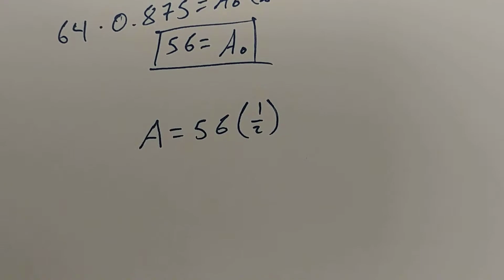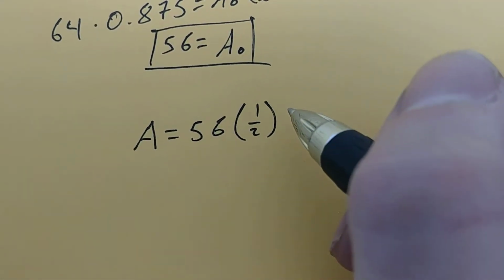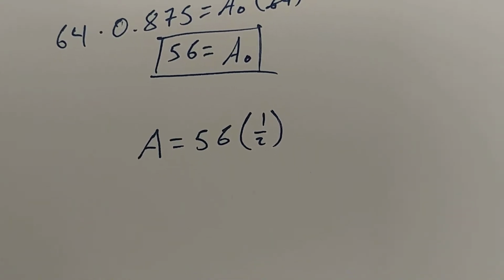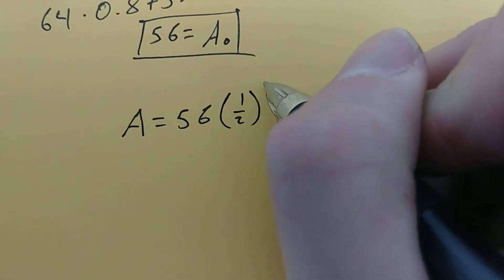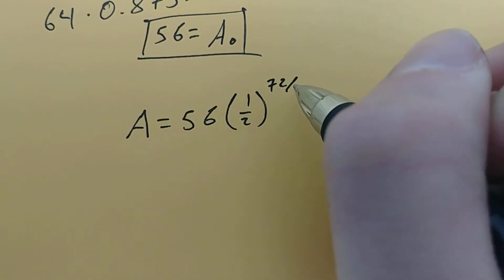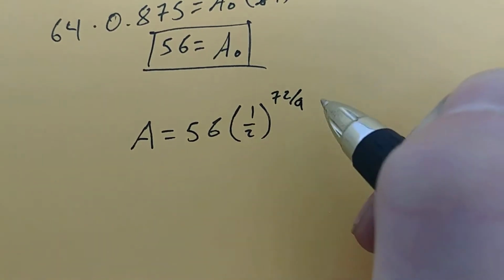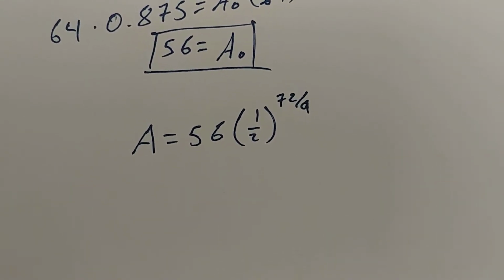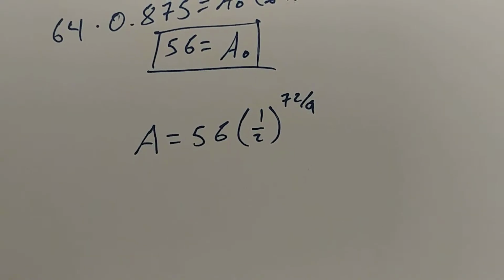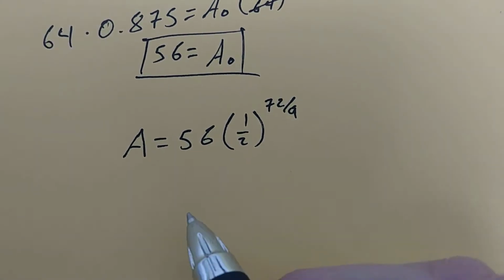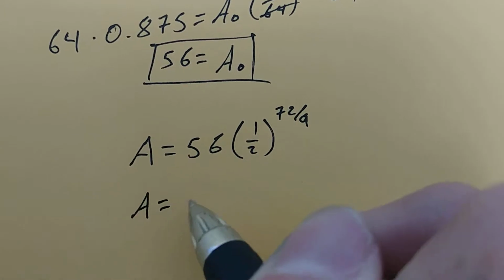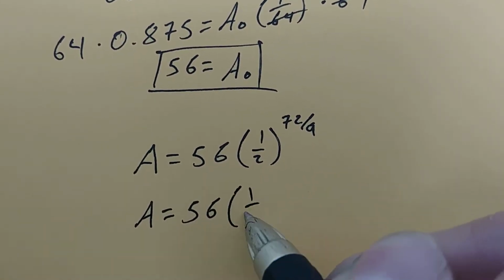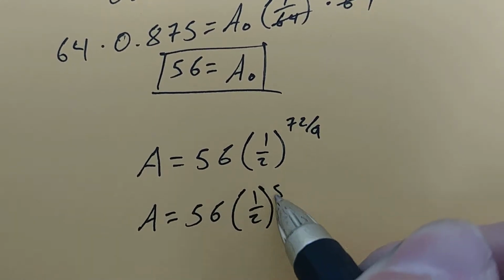So 24 times 3, sorry guys, 72. So 72 divided by 9, 9 is the half-life, is 8. So this can be simplified to A equals 56 times 1/2 raised to the 8th power.